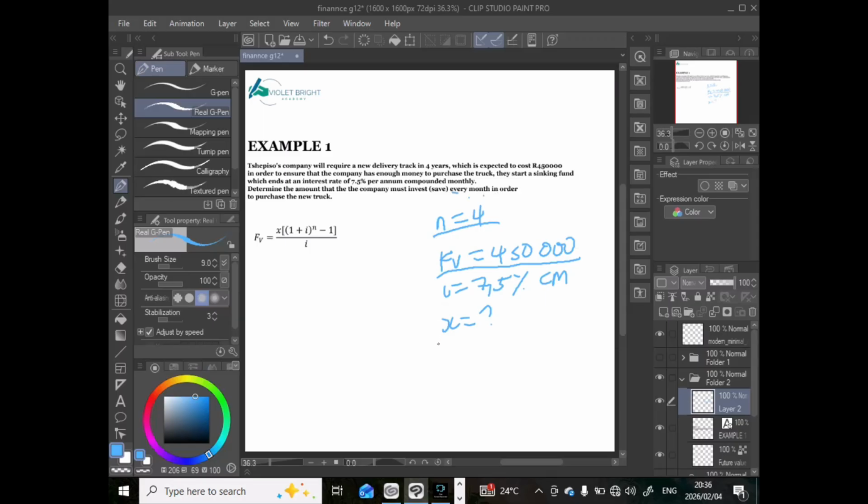So which means we don't know how much we must save. So in this question we are calculating the monthly installments that we must save or invest in our sinking fund, so that in 4 years time we will get 450,000 rands. So let's give it a go.